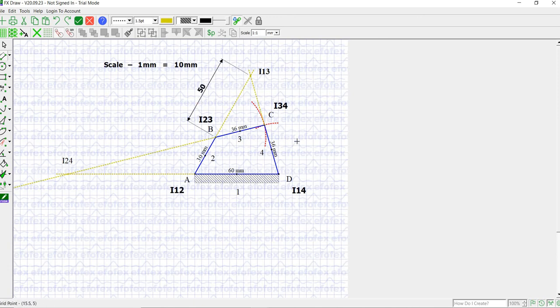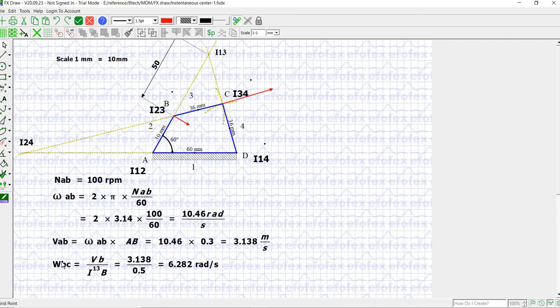So we'll get it as 500 mm. The scale is 10 mm, so this is actually 50 mm, which means really it will be 500 mm. So now we got the distance of I13 to B, so that we can find out the omega of BC.